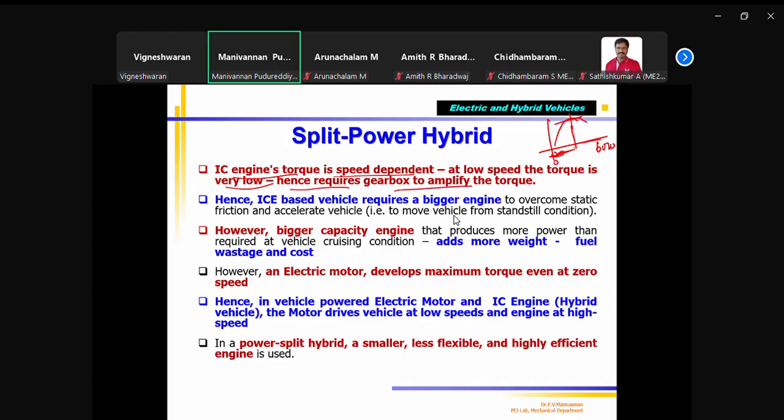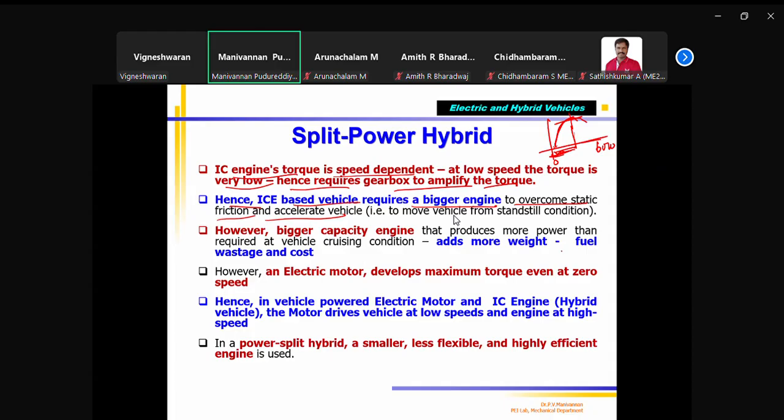Generally, we start from 0 RPM, idle RPM, then you put the gear, starting at idle RPM 600 to 800, 1000, 2000, as you press the accelerator. Engine speed is increasing, then torque increases, only up to a particular region. So we already know about it. Hence, an IC engine based vehicle requires a bigger engine to overcome the static friction at the accelerated vehicle starting at 0 speed. When I start the vehicle, maximum torque is needed to overcome the static friction on the wheel.